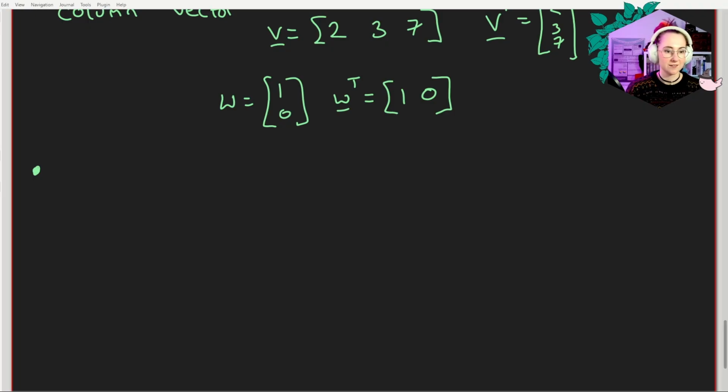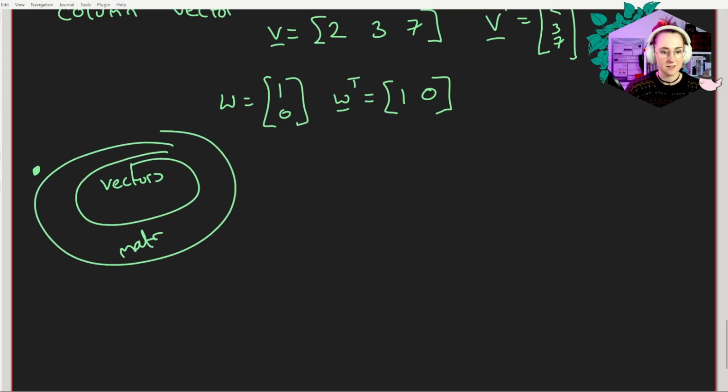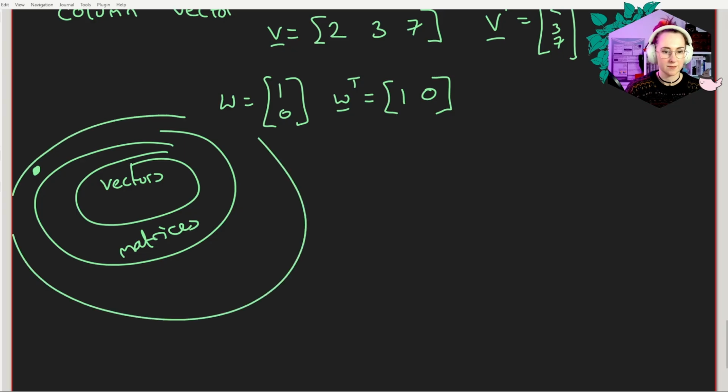So vectors are in this space, and then matrices. If this was a Venn diagram, everything inside all 3 circles is a tensor, but they're just very, very specific types of each other.